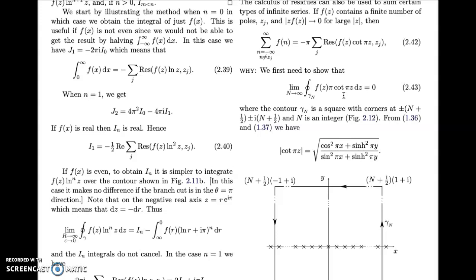If we use the p over q dash rule, then our q is sine. Differentiate sine pi z and we get pi cos pi z, and that exactly cancels the pi cos pi z on the top. So we get a residue of 1.